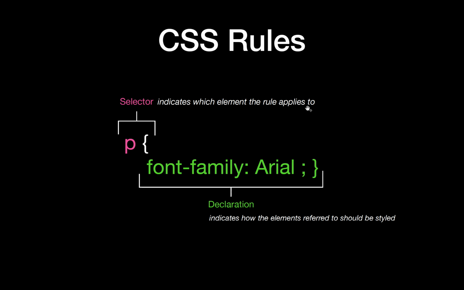So just for an example, we are modifying our paragraphs in our HTML, and we are changing the font family. So this is universally anything that is a paragraph on one page or 10 pages will look like this. Okay, this is how it would appear. The font family will always be Arial for any and all of our paragraphs.